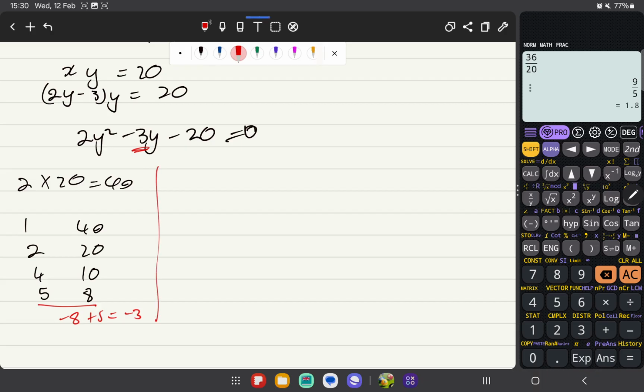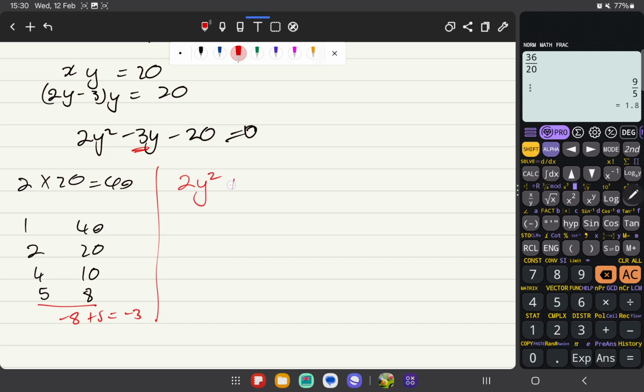Now I take my numbers. Let me continue with the red color. It's going to be 2y squared. When you put these numbers here, you want to make sure you put them closer to the numbers they will be divisible by.